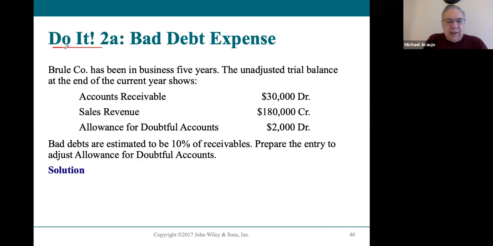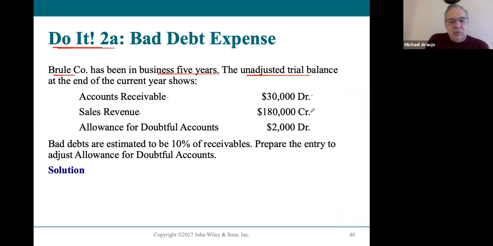So let's take a look at your bad debt expense. Do an exercise 2 here. You have Brule Company. They've been in business for 5 years. They have an unadjusted trial balance for receivables at $30,000.